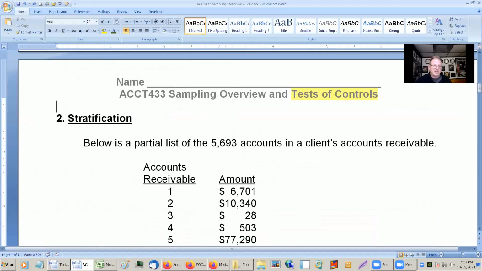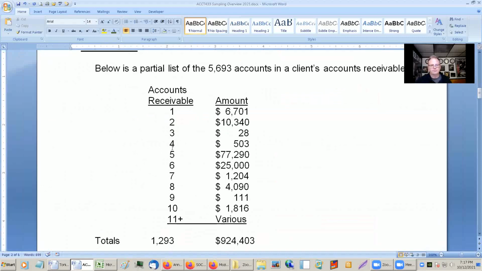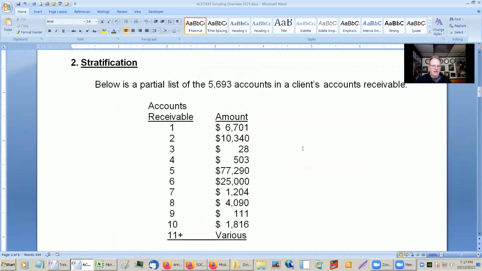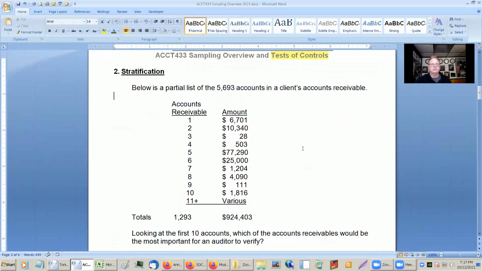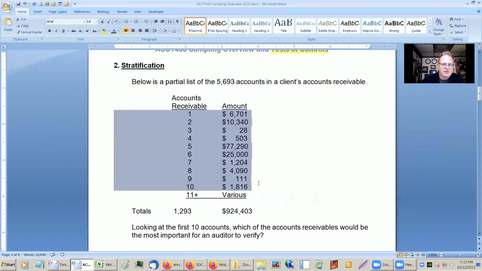So stratification, for example, if we have these accounts receivable, they're like $924,000 worth, and here they are in the entire population. We have 1 through 10.